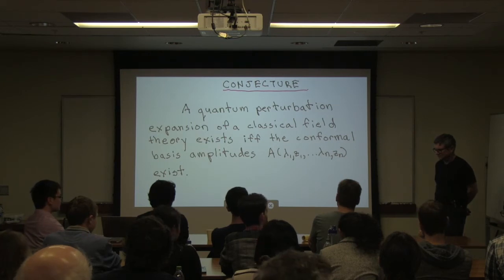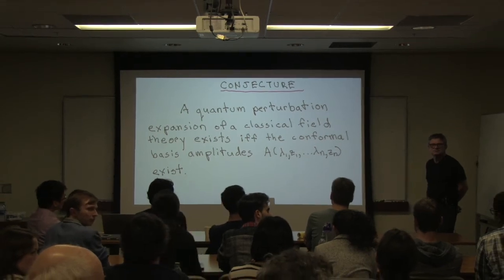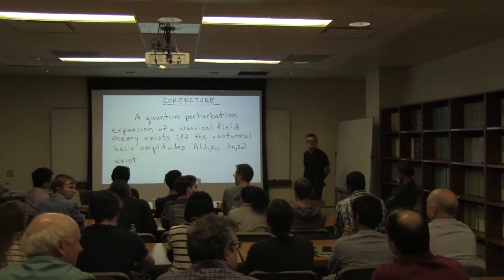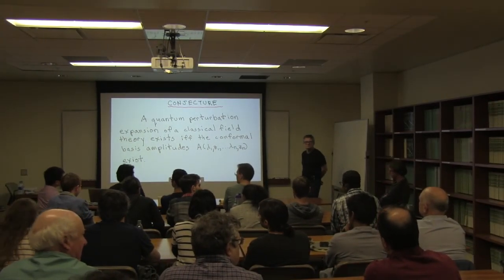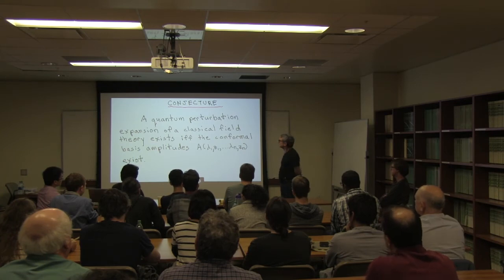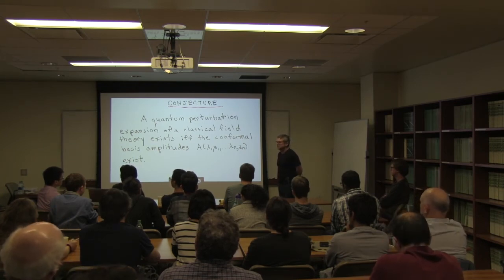I think the conjecture is not saying that there will be a UV completion. It's just saying whether the amplitude as given admits a quantum perturbative expansion. And the example you mentioned does not admit it for either sign.